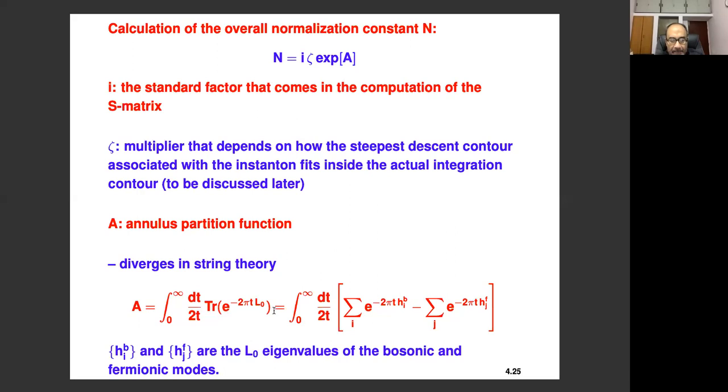And typically this diverges from the large t region because you may have either an L0 equal to 0 state or a negative L0 state. So here is a more explicit way of writing this. Sum over all the bosonic states, with h_i^B the L0 eigenvalues of the bosonic fields, and these are the L0 eigenvalues of the fermionic fields.